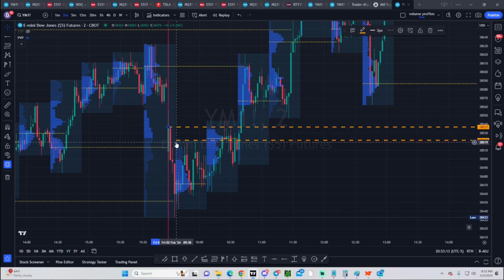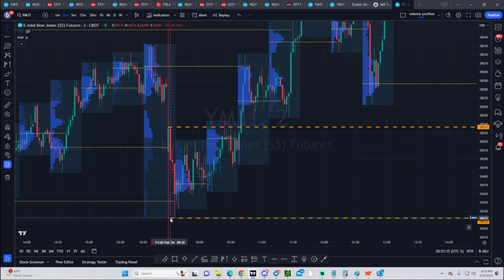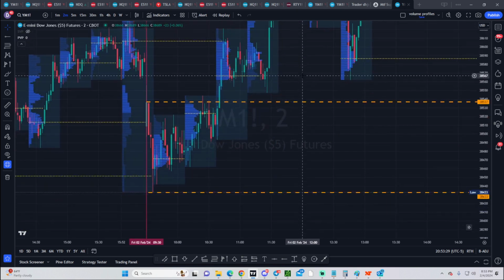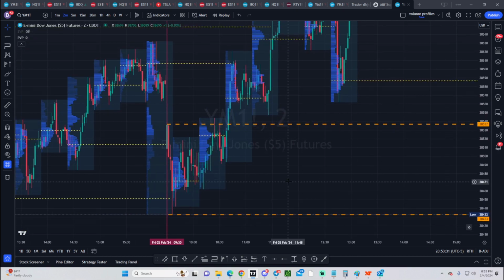I have to see why the strategy is plotting in different candles. Like this one is at 9:30, but it overlaps a little bit with the other one, so I need to figure out why that is. But that shouldn't change much.